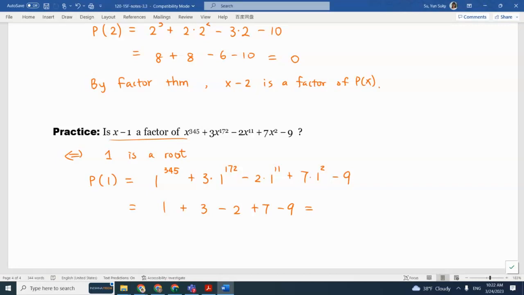What's that? It's 0. Right, everybody? Oh, awesome. 1 is a 0. Then by the factor theorem, x minus 1 is a factor of the P of X. See, this is much easier than synthetic division. So if you want to know whether a linear factor is a factor of the polynomial, you plug in the root to see if it's 0. Okay?